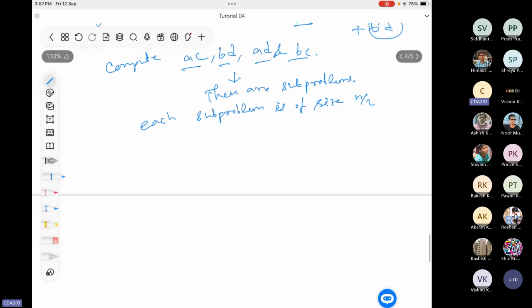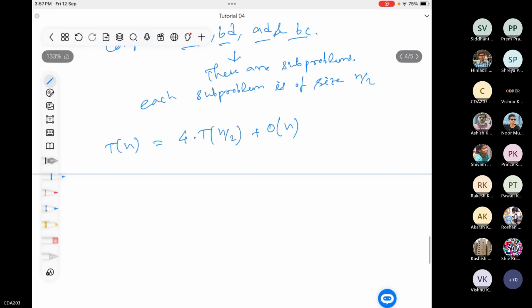So if you think about the recurrence relation, we have this, where order n is for addition. So we have this recurrence relation.